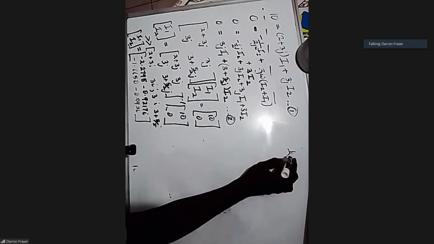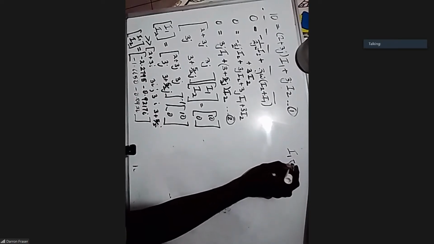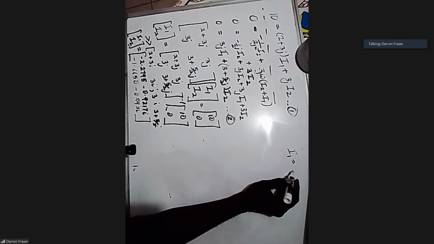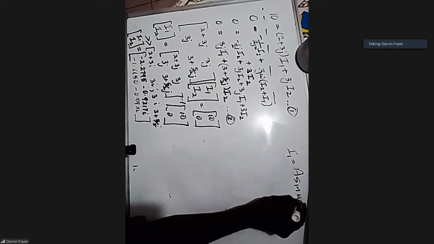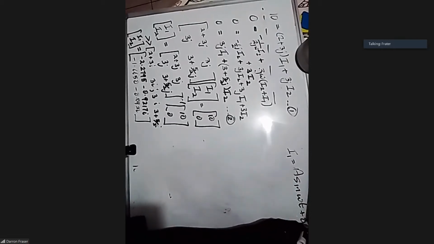So what will be the amplitude? How do we find the magnitude? What do you have for I2 there?